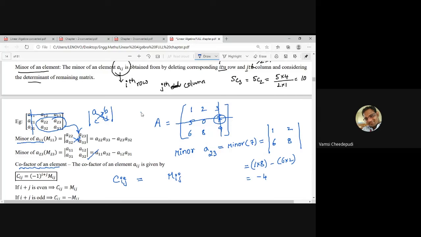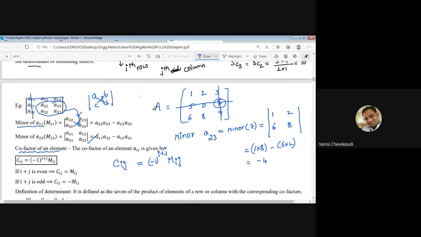కోఫాక్టర్ ఆఫ్ అన్ ఎలిమెంట్ అంటే మైనరే. కోఫాక్టర్ అంటే మైనరే, డిఫరెన్స్ ఏం లేదు. ఒకే ఒక్క డిఫరెన్స్, అదేంటంటే సింబల్, అది ఉన్న పొజిషన్ బట్టి మైనస్ ఆఫ్ I ప్లస్ జే, -1 పవర్ I ప్లస్ జే. Either it is negative or positive, only the symbol changes.